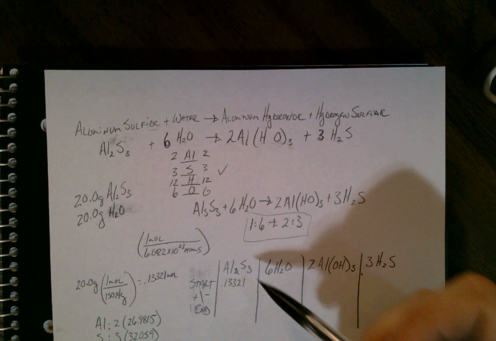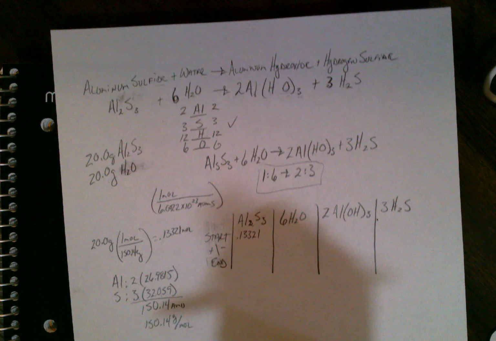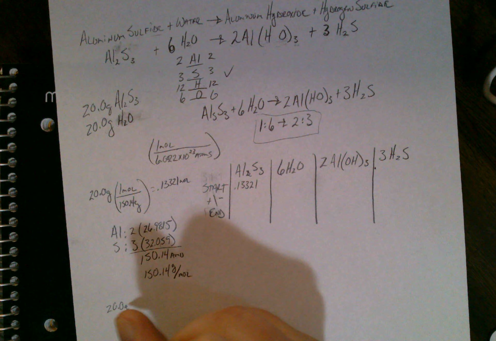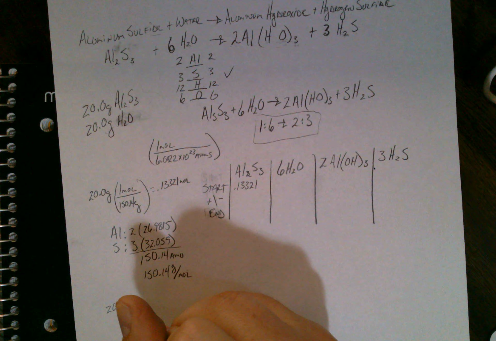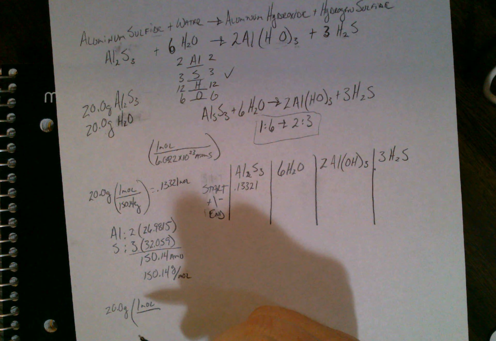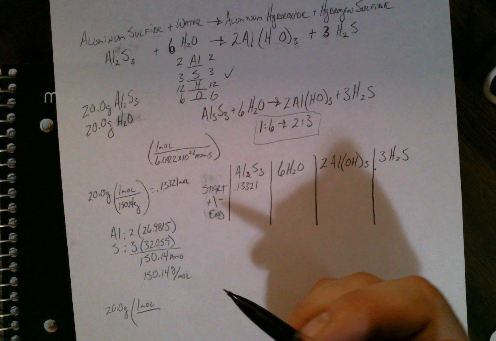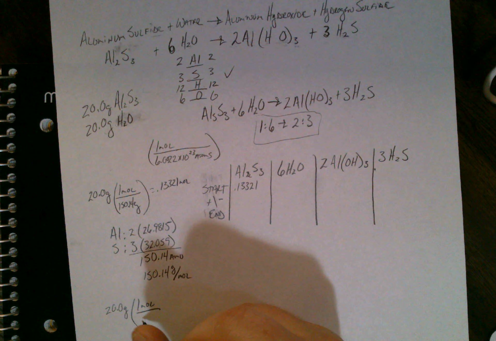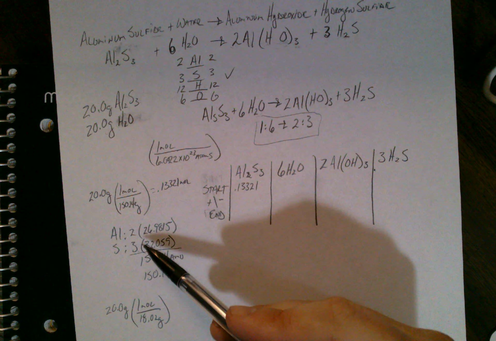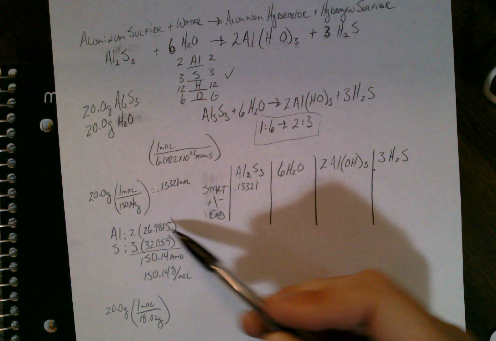Now we need to find out how much water there is, obviously. So same process. We've got 20 grams of H2O. I won't go through the whole process there again, but I can tell you that the atomic weight of one molecule of water is 18.02, and you would do that by just figuring out the hydrogen and oxygen in the same way that we did the aluminum sulfide.